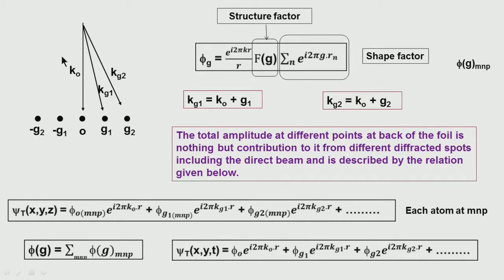Here this can be written as the contribution from a particular atom. The psi total will correspond to the part of the amplitude phi 0, m and p, times the term at a distance r. Here this vector has to change because it becomes k0 plus g.